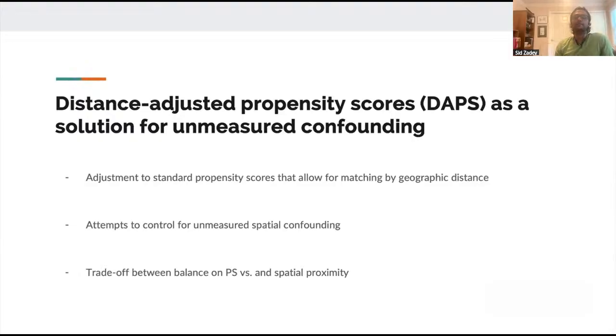The idea is to control for unmeasured spatial confounding using this. And so within the score itself, the balance that we are trying to achieve is the score value itself, which I'll come to in a bit, but which is based on your measured covariates and the spatial proximity measured using some metric of distance.